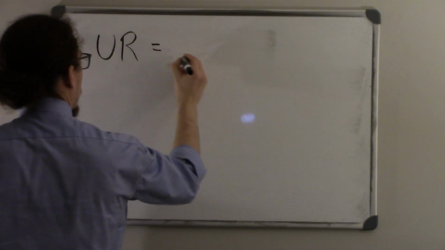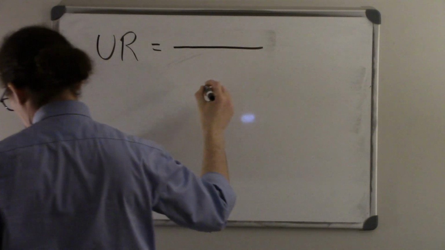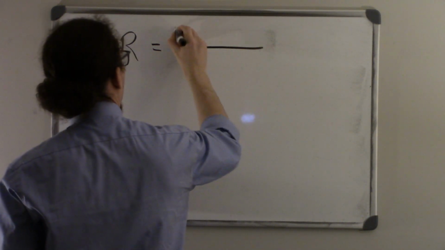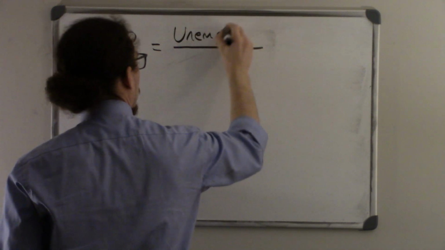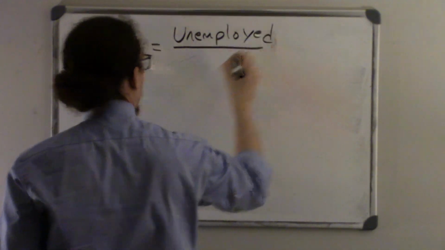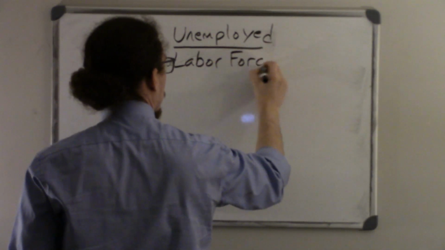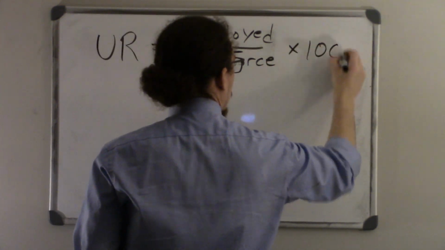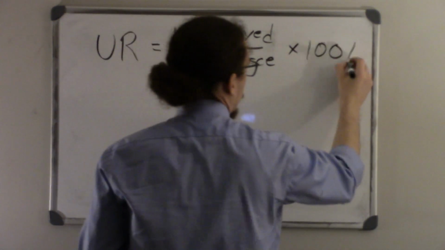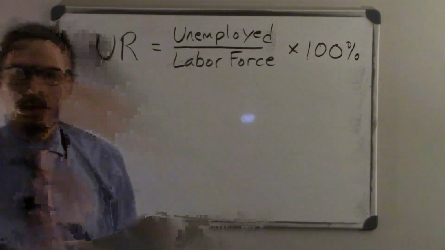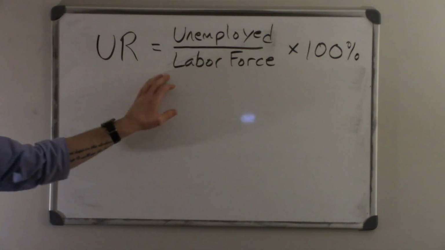All right, next let's look at how we are going to calculate the unemployment rate. So the unemployment rate is equal to the number of unemployed workers divided by the labor force times 100% to put it into a percentage.